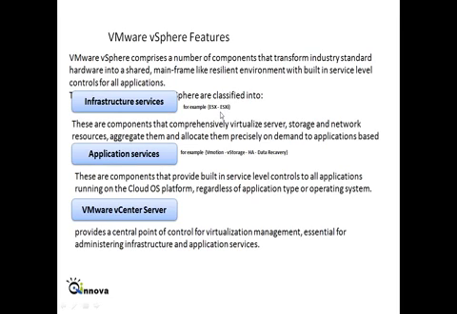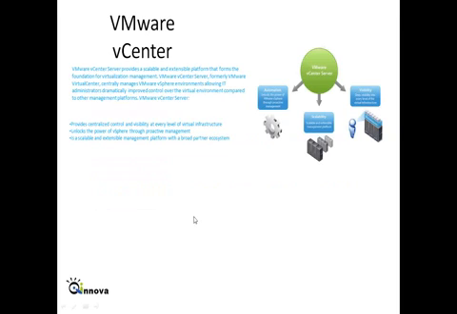For example, ESXi as a hypervisor. It gives you application services. You have vMotion, storage vMotion, HA, or disaster recovery solutions like SRM. You also get vCenter server available as a platform, and it gives you centralized management for all your ESXi hosts and the virtual machines.